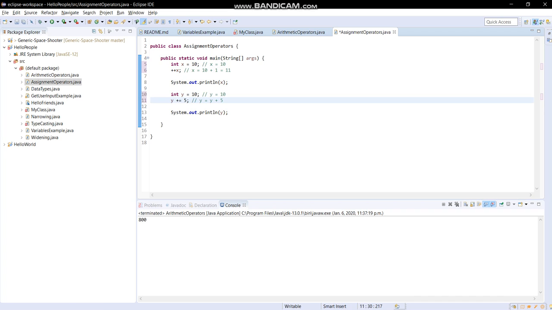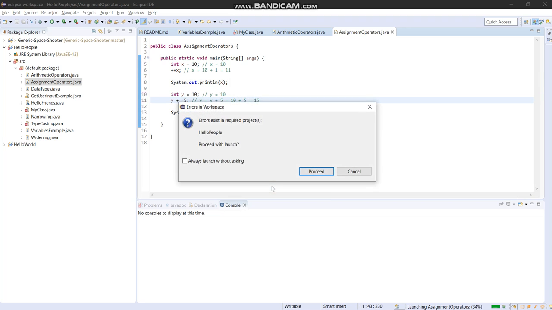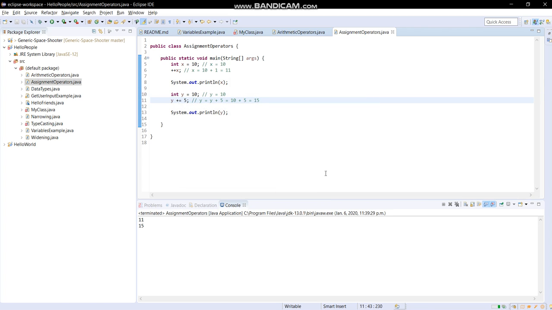Then if we take y from the first line and substitute it in, we have 10 plus 5, which equals 15. So we should see an 11 and a 15 printout on the line below. And there you have it, 11 and 15.